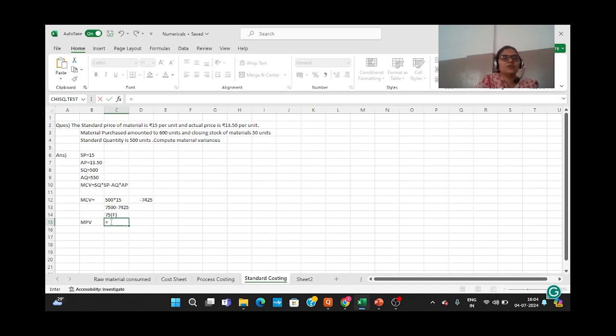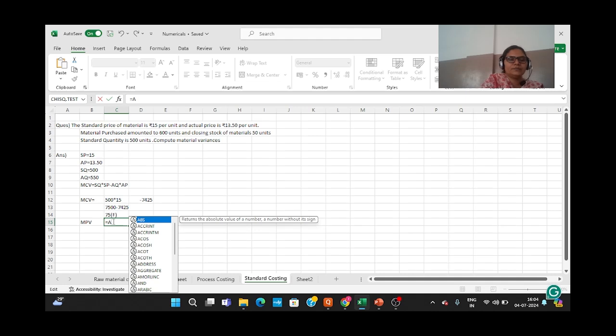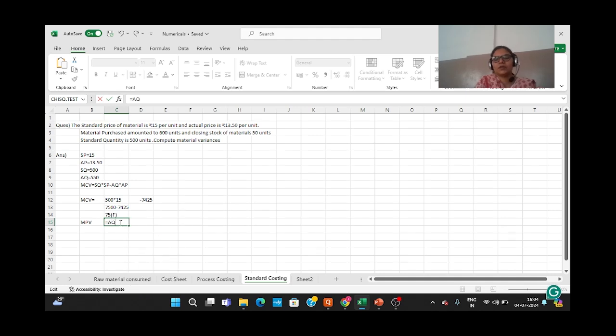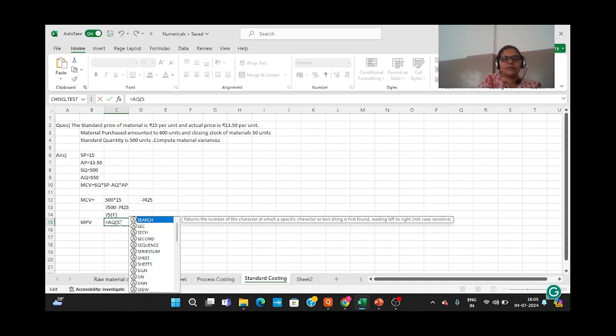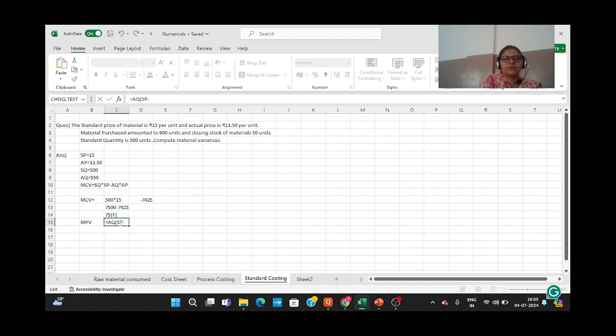So we will take actual quantity common: standard price minus actual price. We know the formula is actual quantity into standard price minus actual price.